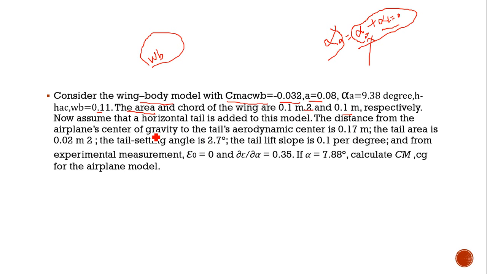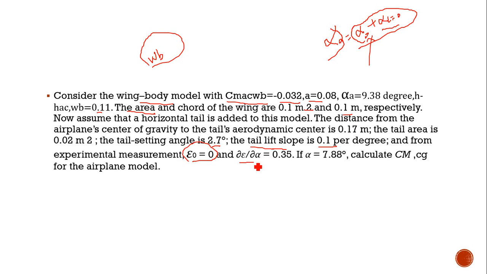The tail area is 0.02 meter square. So they have given the tail setting angle i suffix t equal to 2.7 degree. The tail lift slope is 0.1 per degree, and from experimental measurement downwash angle is 0 for the wing body.